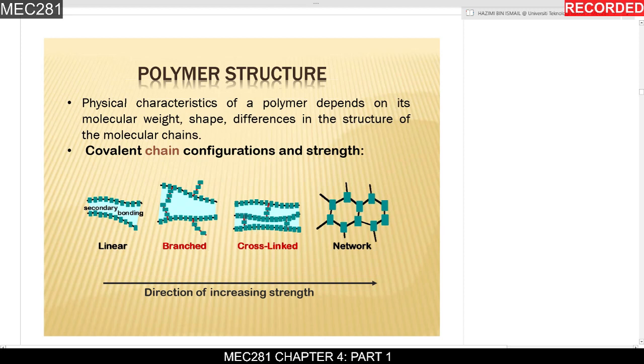Between the chains, the cross-link interconnects the chains, and also the network, as in this case. So based on this chain configuration, you can see that the least strength is found in the linear chain and the strongest is found in the network chain.